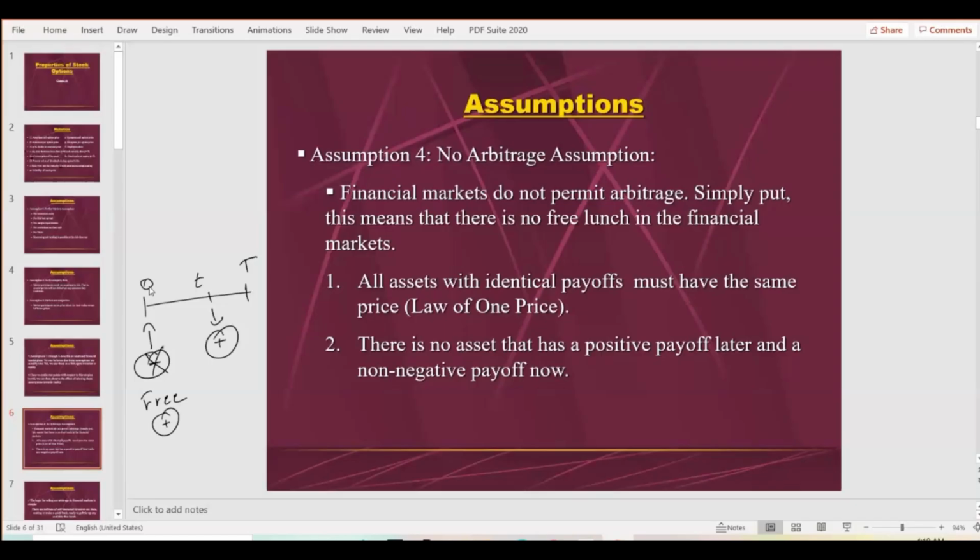It's like they are not paying anything to acquire that asset, and still they're going to receive a positive cash flow in the future. Now, with the examples that we're going to go over, and most of them are not numerical examples, you will have a better idea about the application of the no arbitrage assumption.